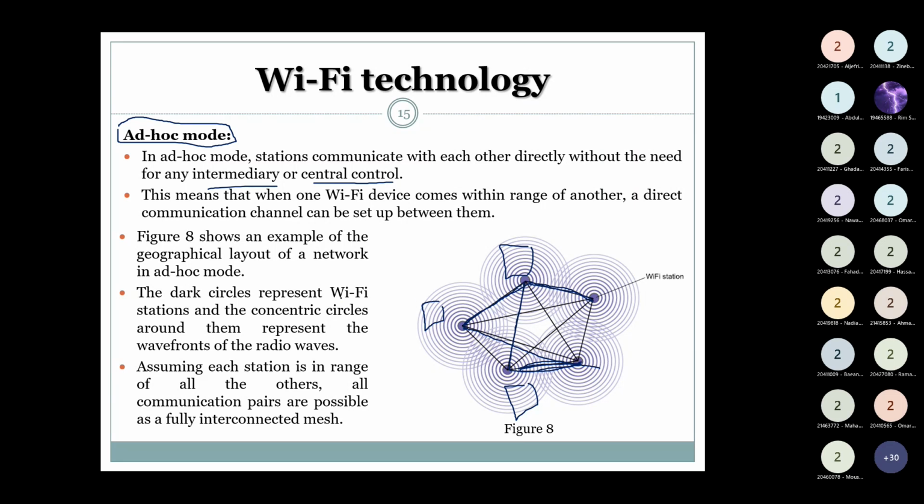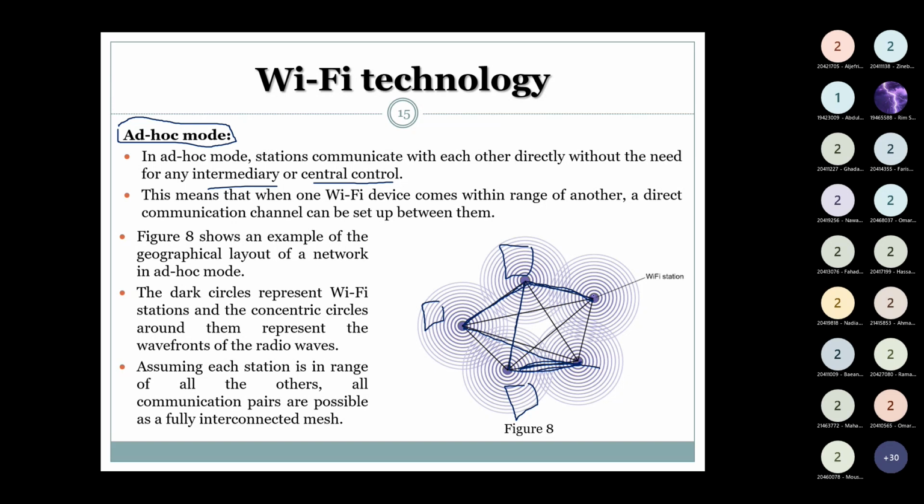Now, the figure shows an example of the geographical layout of a network in ad hoc mode. The dark circles represent Wi-Fi stations, and the concentric circles around them represent the wavefronts of the radio waves. So this is the range, the coverage of this phone.